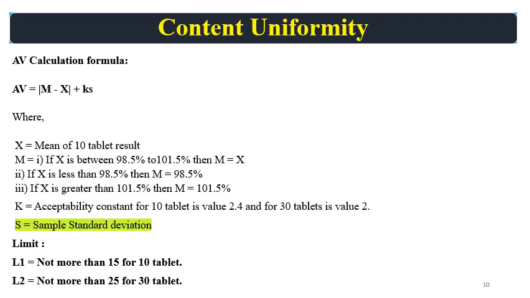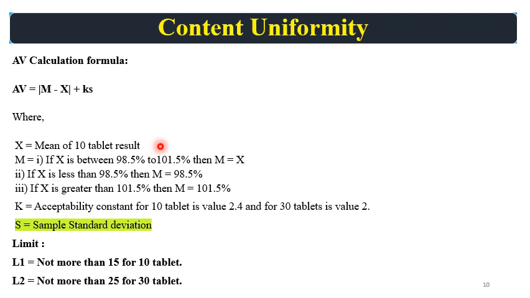Now coming to the AV calculation formula. The formula is AV equals M minus X plus ks. Here X is the mean of the 10 tablet results.